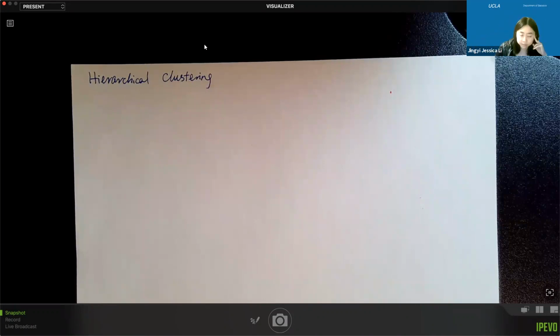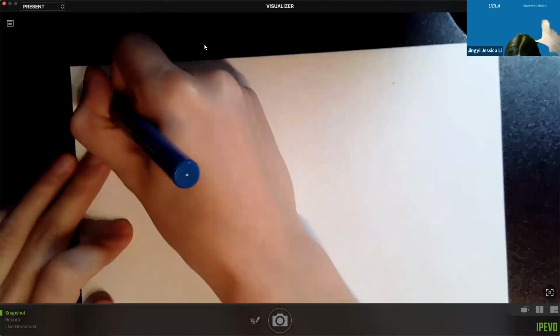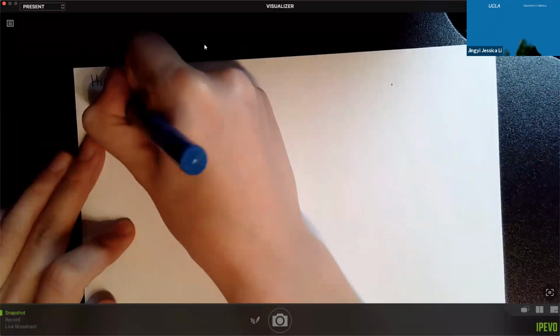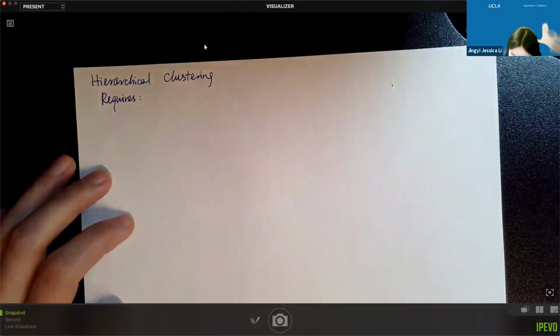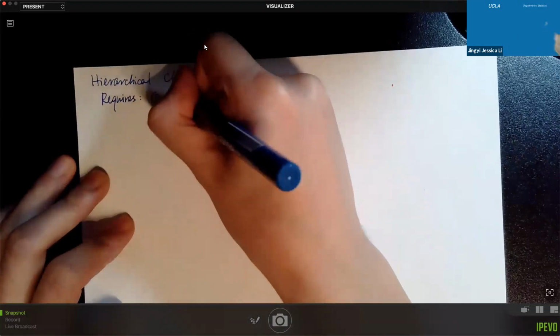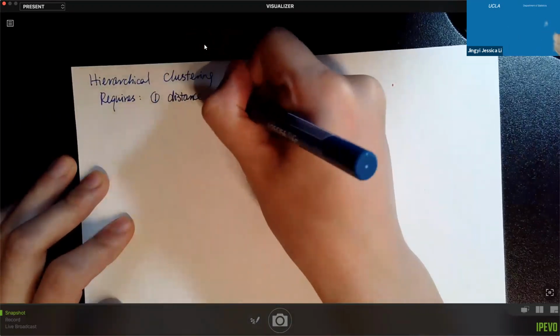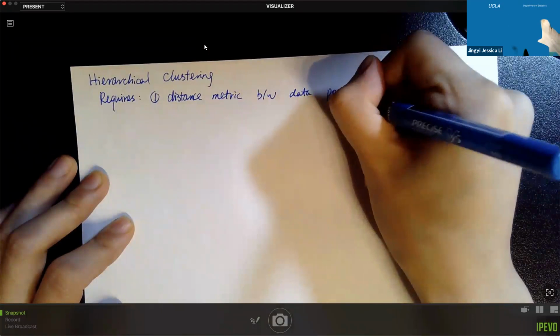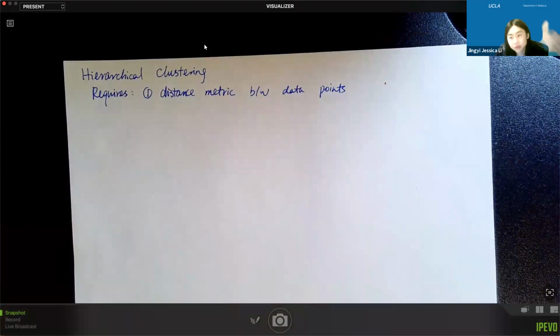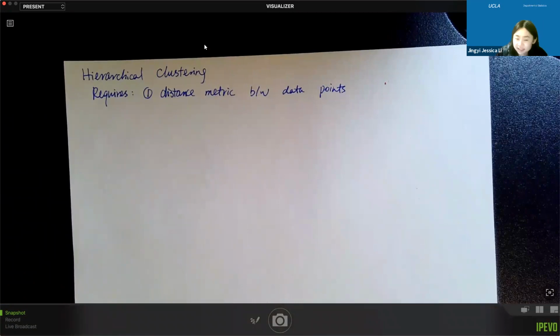For hierarchical clustering, what you need is two distance metrics. You will need a distance metric between data points, for example Euclidean distance or the L1 distance, which is the summation of the absolute differences in every dimension.